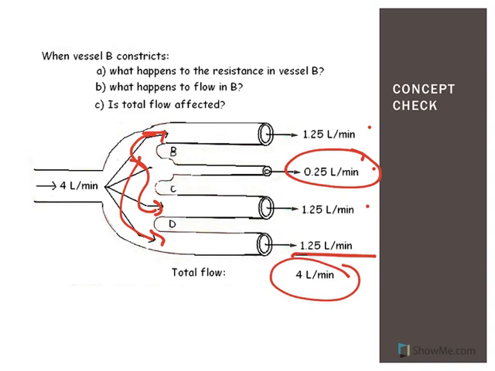What we've done is restrict flow to one vessel to allow more flow to go to the other. And this is how our bodies work. When you exercise, I'm going to increase blood flow to those working muscles. I'm going to divert blood away from parts of my body that I really don't care about at that particular time. So I'm going to divert blood away from the GI tract, and get blood to those skeletal muscles, for example.